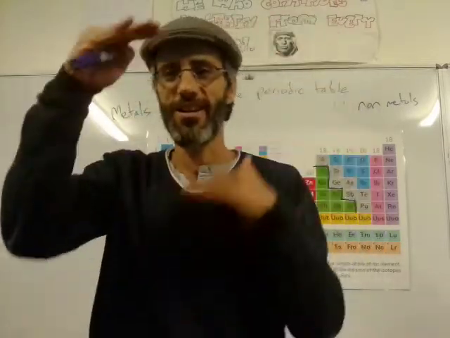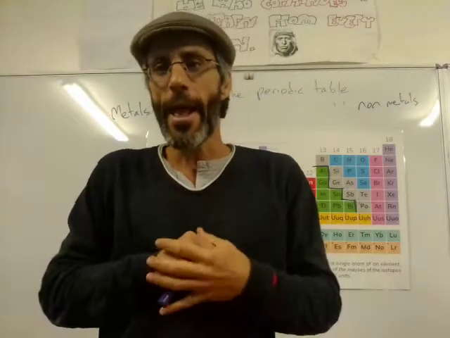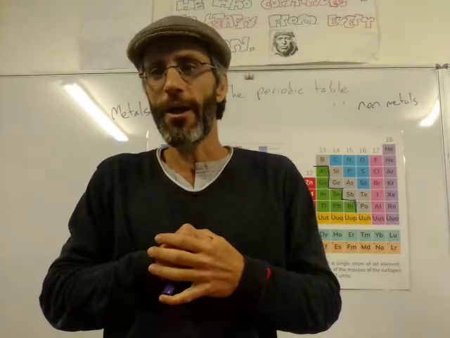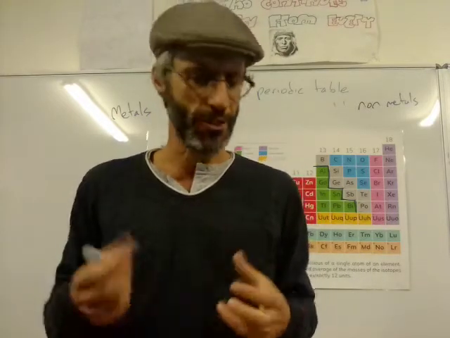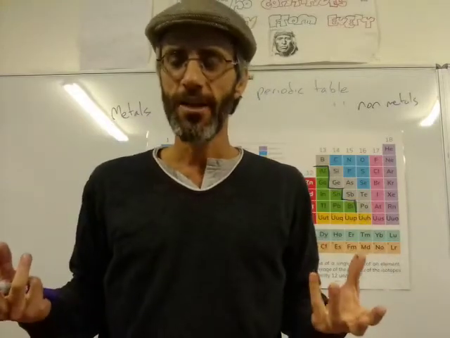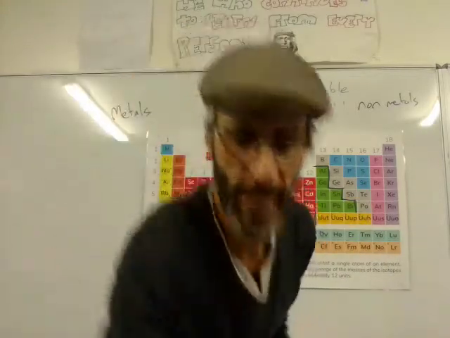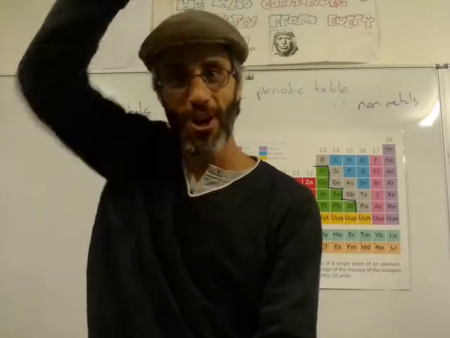So they vary in that respect. They're not all gas or all liquid, and the solid ones are also brittle. What does brittle mean? Brittle like glass. They break. If I drop a metal like my keys here, they're not going to break. But if I drop the glass, it will shatter.